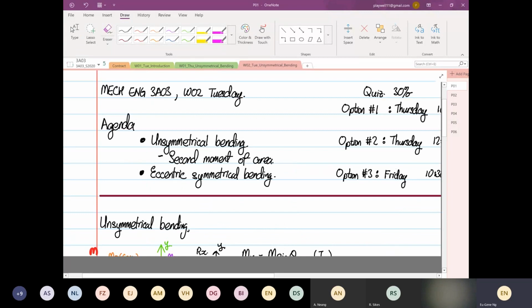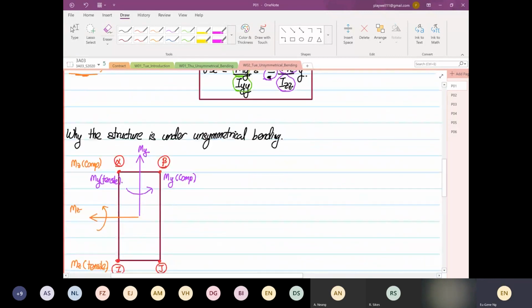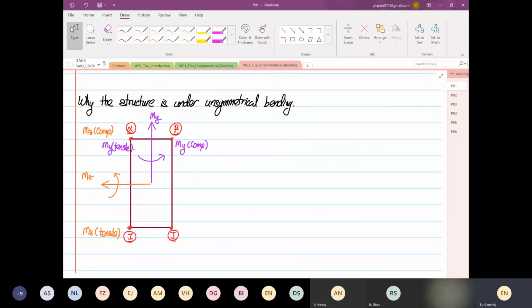So what we have here now, right? So we look at stress at alpha, stress at beta, stress at point I, and stress at point J, right?